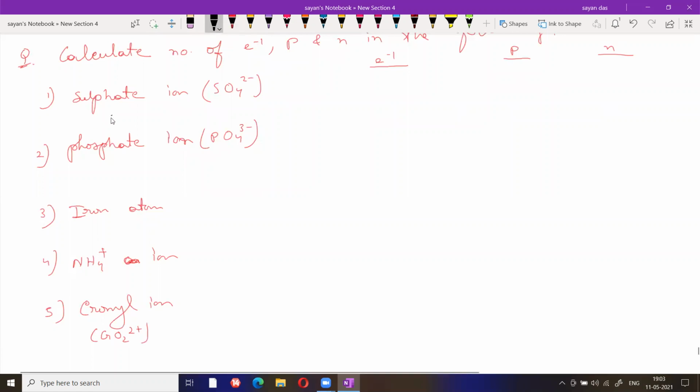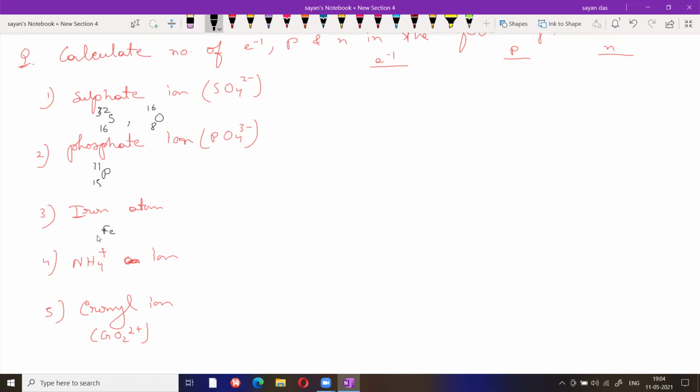Now, what is given to you? Sulfate means a sulfur and oxygen is present. The mass number of sulfur is 32 and the atomic number of sulfur is 16. Oxygen 16 and 8. For phosphorus, this one is 31, 15.